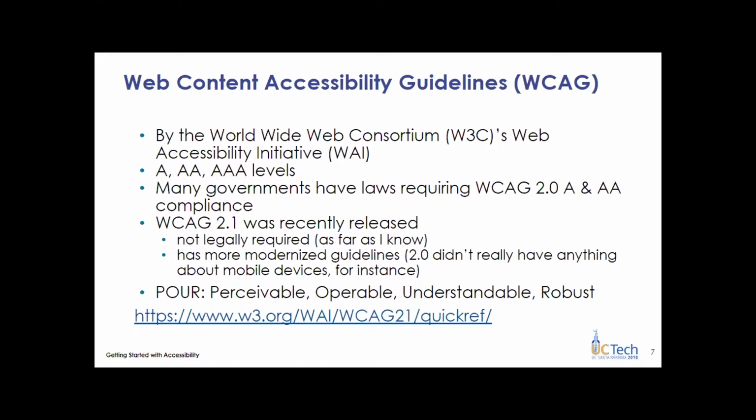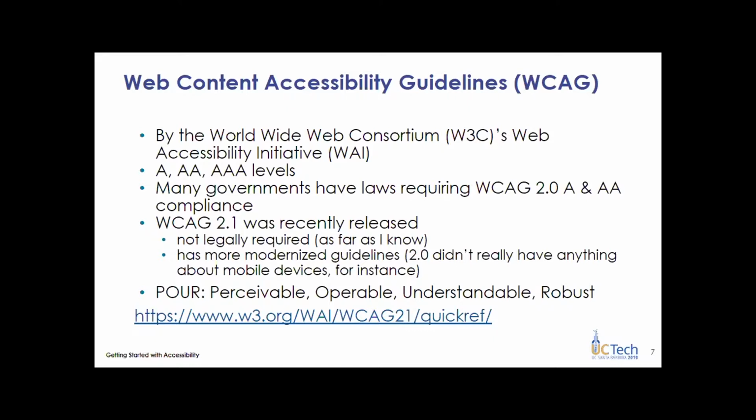An example of the different levels is that at the A level, you have contrast ratios between colors, like text on a certain color background, which is one thing, and at the AA level, it's increased, and at the AAA level, it's increased again. So that's kind of the difference between the different levels.